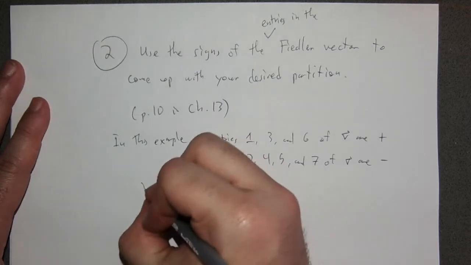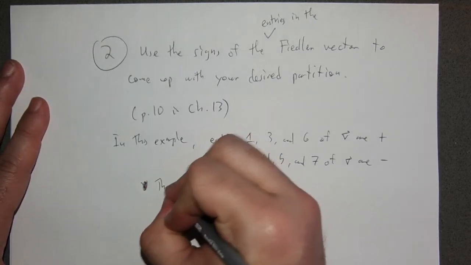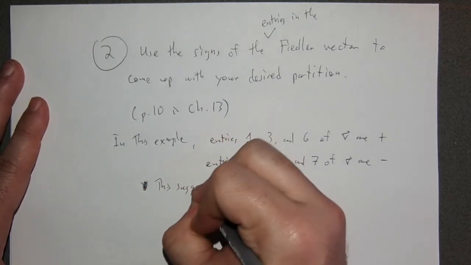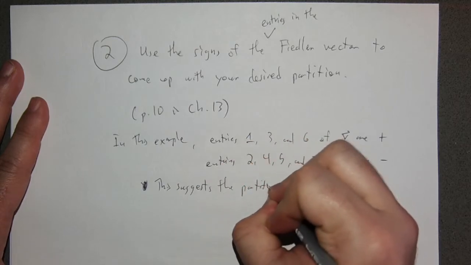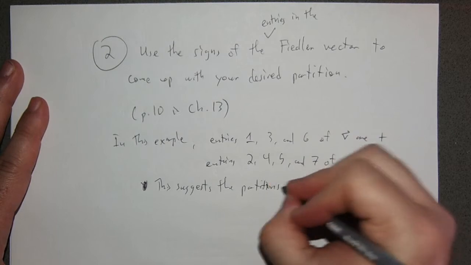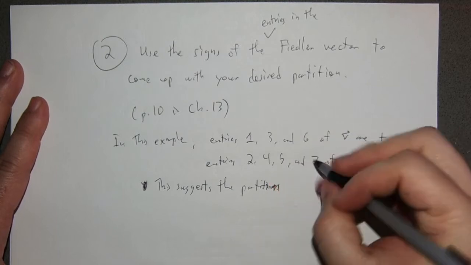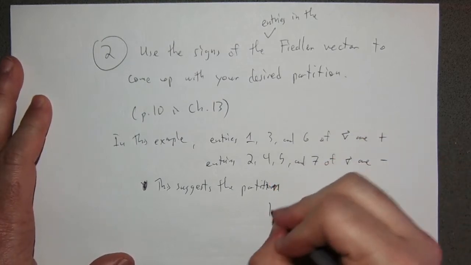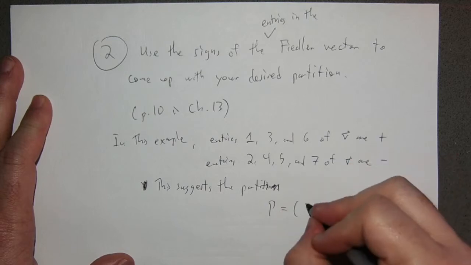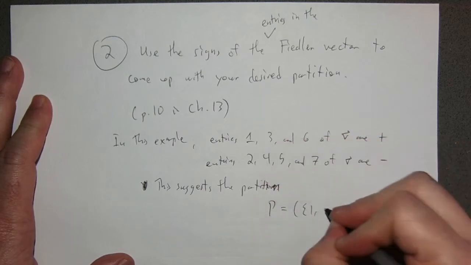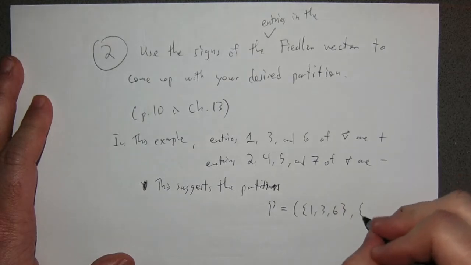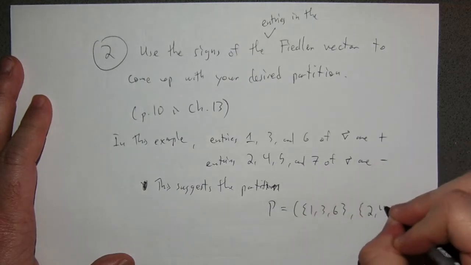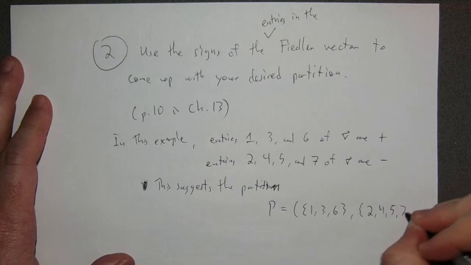This suggests the partition P, which is 1, 3, 6 in one part and 2, 4, 5, 7 in the other.